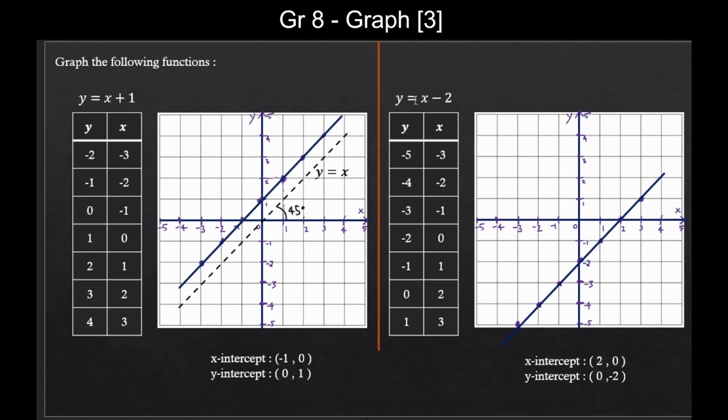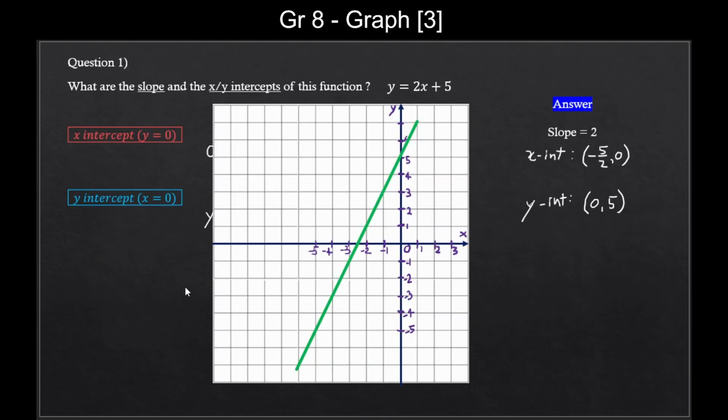And when we had y equals x minus 2, the line looked like it moved 2 down from the y equals x line. And because of that, we had the y-intercept at negative 2. So if we look at this function, we have y equals 2x plus 5. And we see that our y-intercept is at 5.